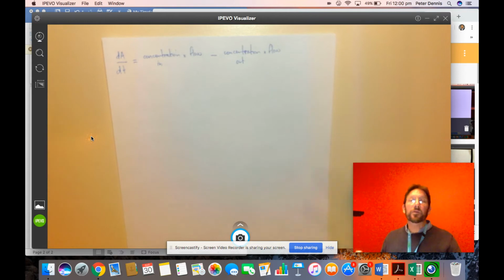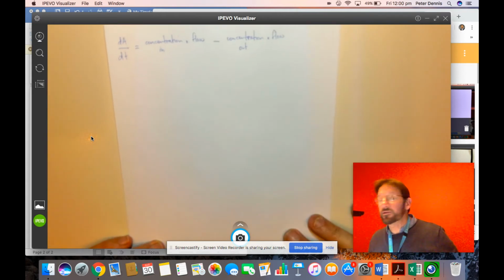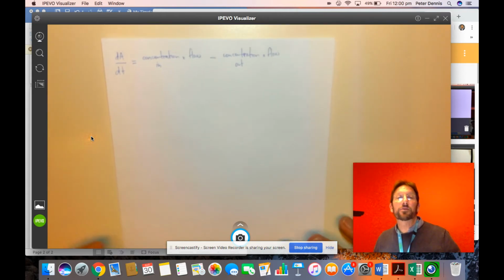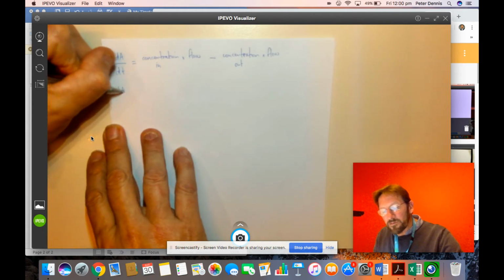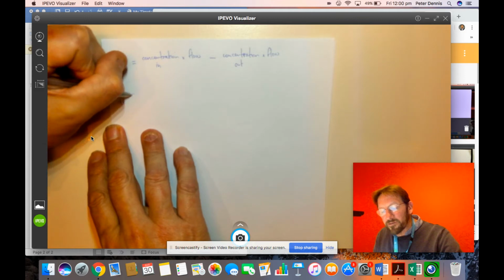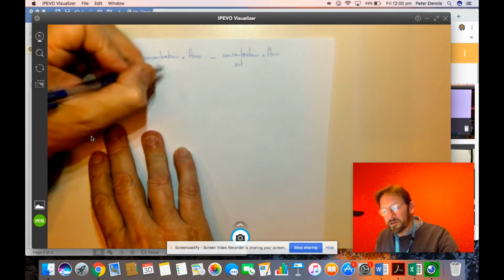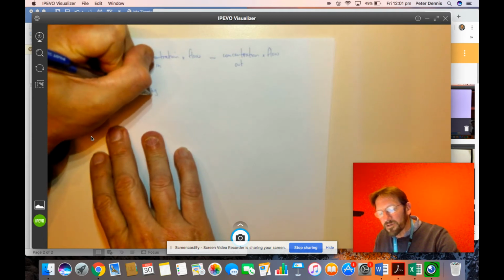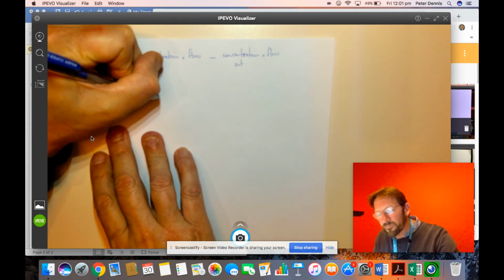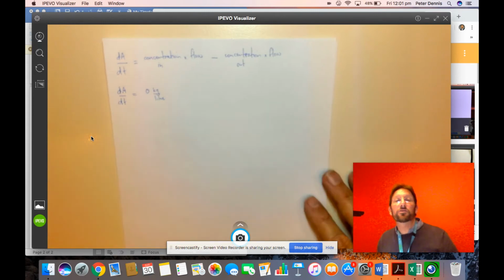Okay, now in this case, it's a fairly nice one, as I said before, because lots of things aren't too bad. So what have we got here? dA/dt is going to be, well, the concentration going in is 0 kilograms per litre. It's always nice to put the units in there.